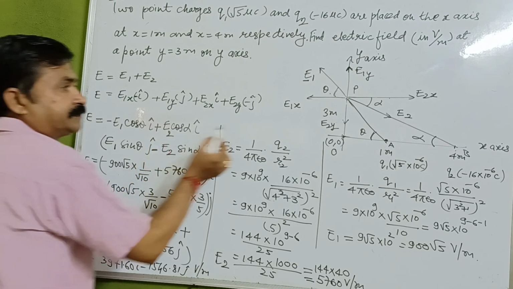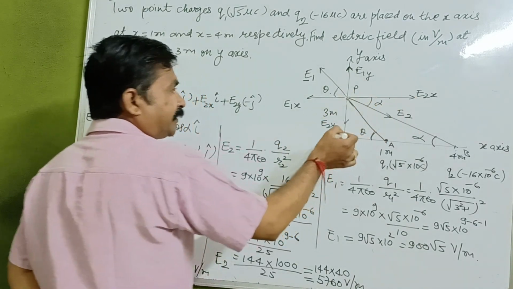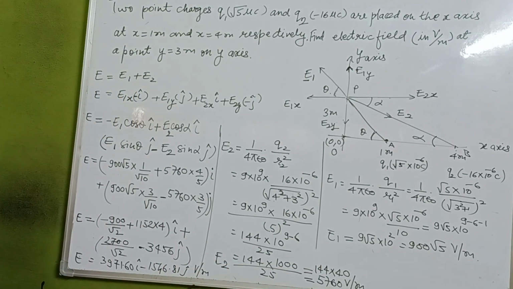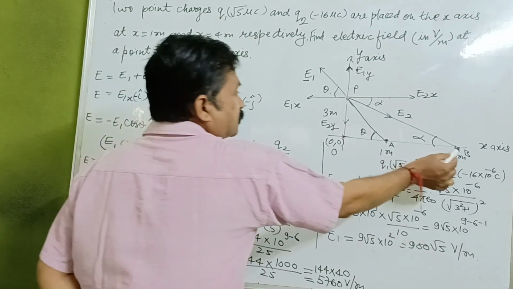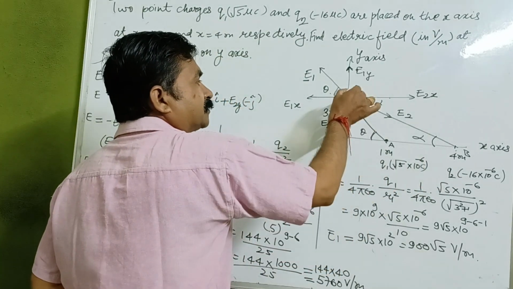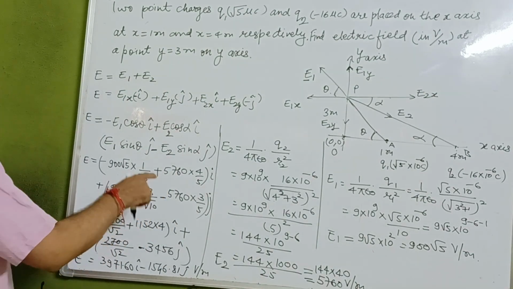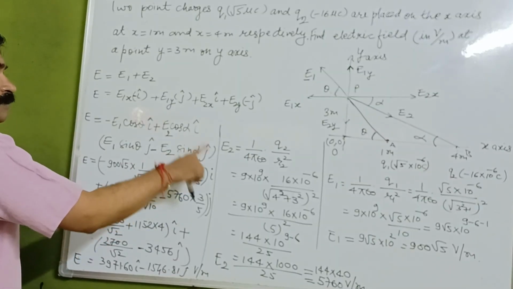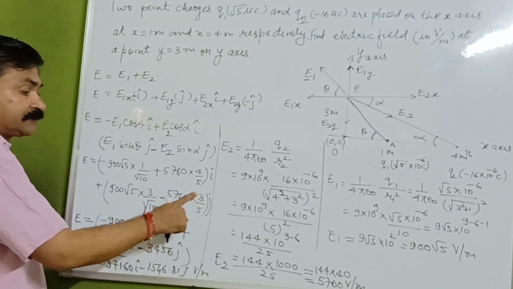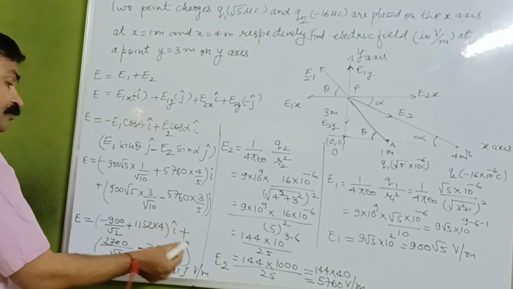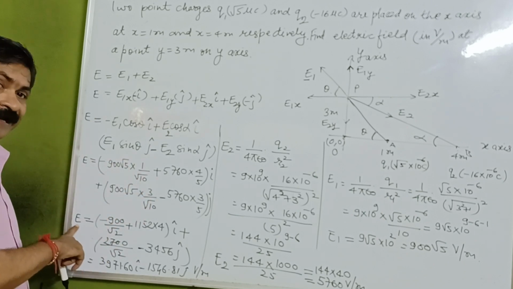For cos alpha, we have this alpha, and we can determine this is 4 and this is 3 and this is 5. So finally we have cos alpha, that is 4 upon 5, and sin alpha, perpendicular upon hypotenuse, this will give 3 upon 5. When we substitute and calculate the value, we get the electric field.